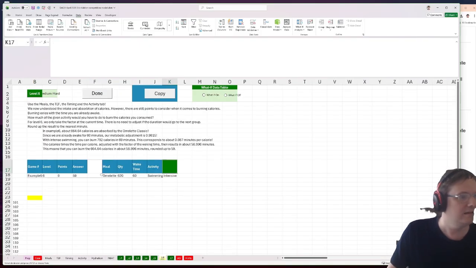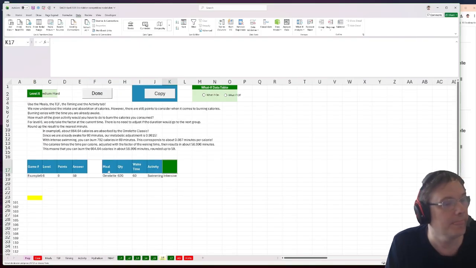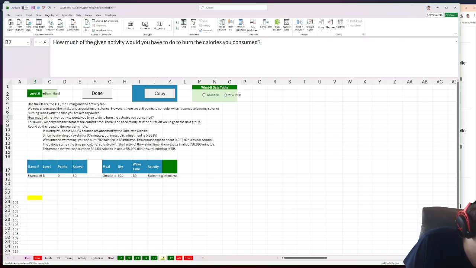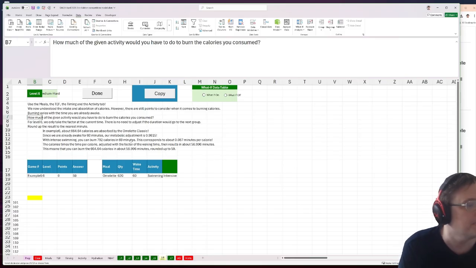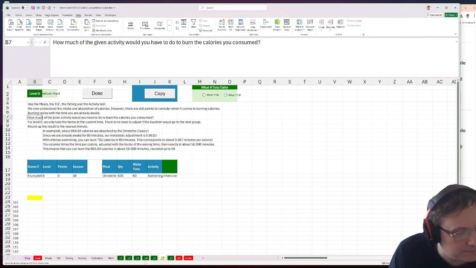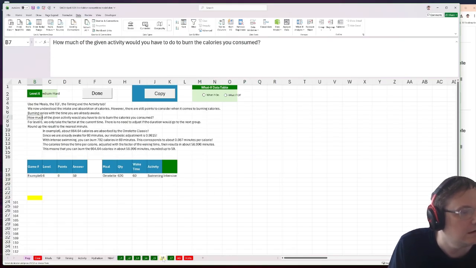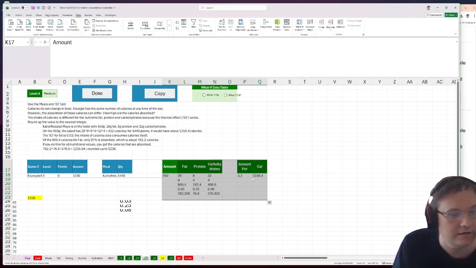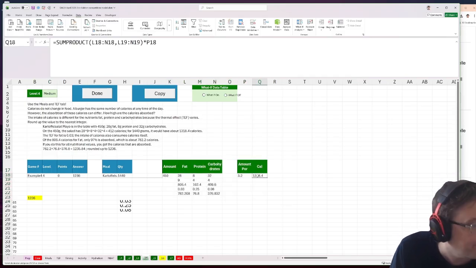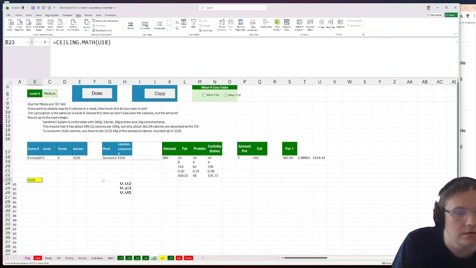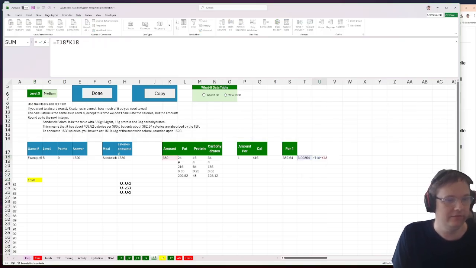Level 6. Burning varies with the time you are already awake. How much of the given activity would you need to do to burn the calories you consume? So start by figuring out the calories here, right? Like this is the calories consumed.